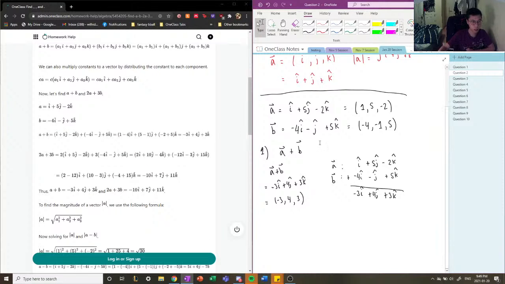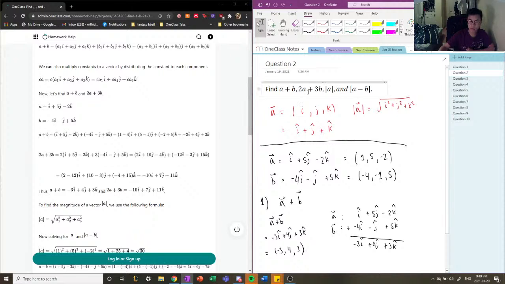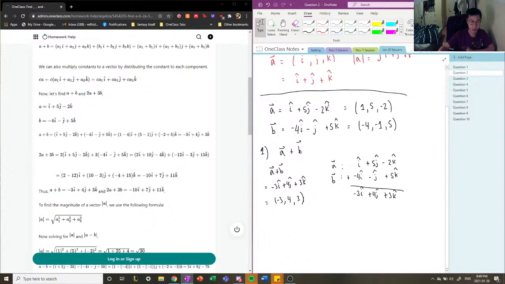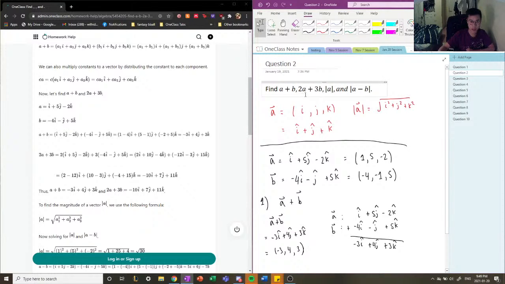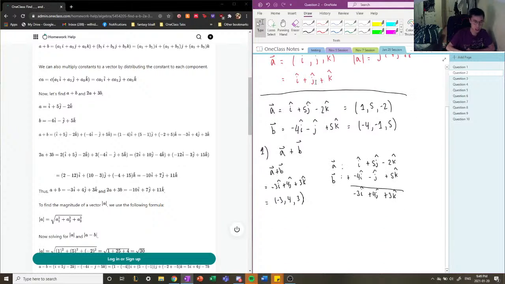Okay, so the next one, we have 2 times vector A plus 3 times vector B. When you're multiplying your vectors by constants, you're going to multiply each of your components by the constants specified here. So in this case, we're going to first multiply our vectors by their respective constants, and then add them together.